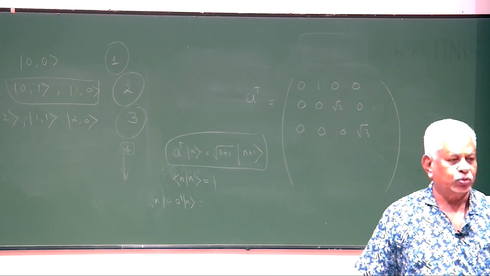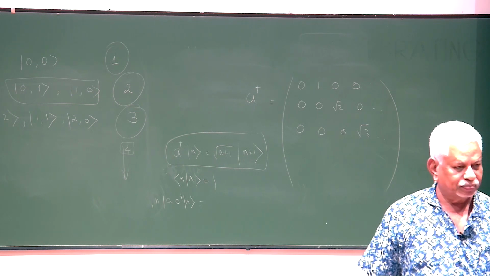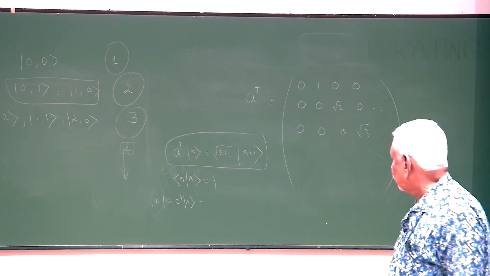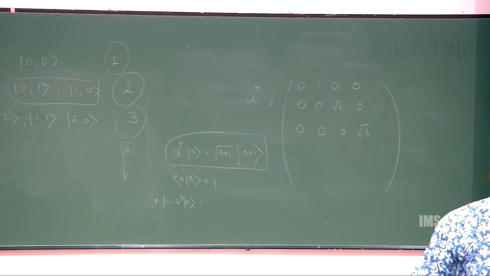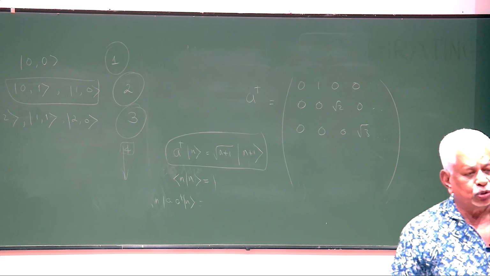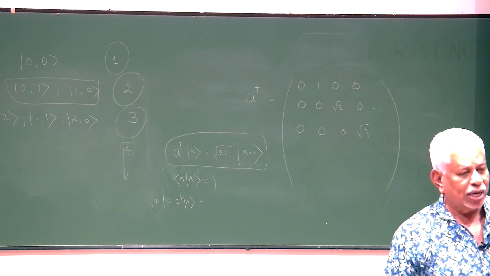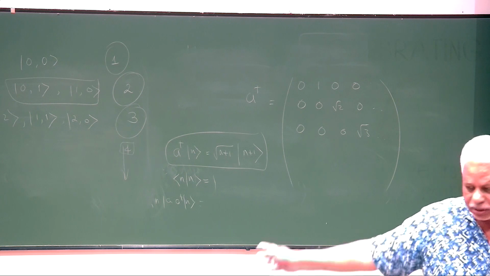The 2 states are only spin up and spin down. And the next one is like spin value, angular momentum value 1, which has 1, 0, minus 1.